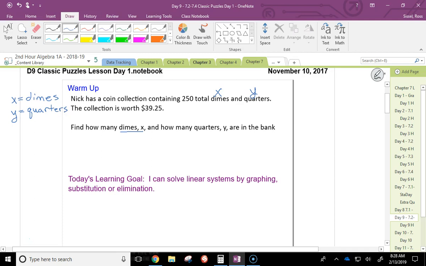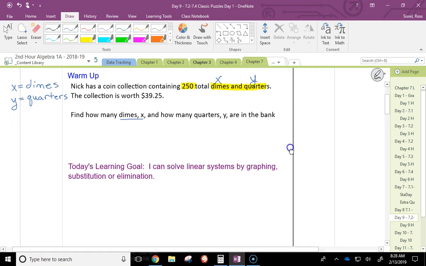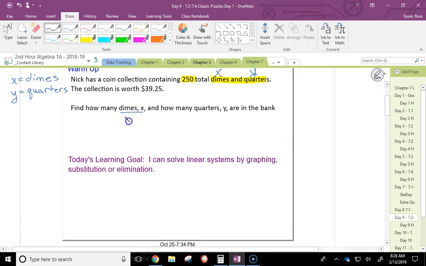The first thing I'm going to look for is anything I know that's a fact. Well, I know I have 250 coins. So when I emptied out the jar, I had 250 coins, and they're made up of dimes and quarters. My first equation is my dimes plus my quarters, if I'm just counting them, equals 250.